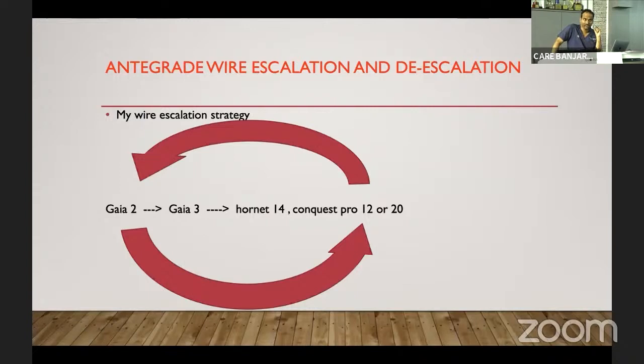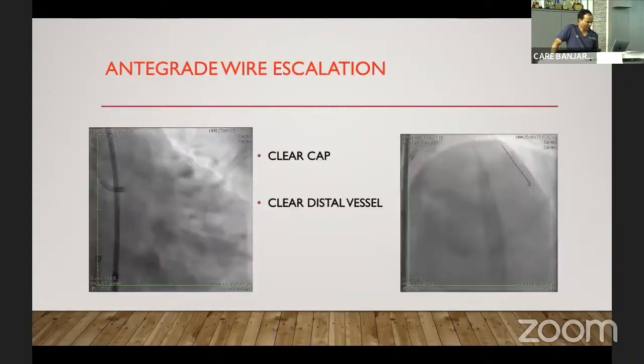Even if there is a small angulation, it is highly likely that these wires will end up in a subintimal plane or even an extravascular plane. So where your Gaia 2 is stuck, make a hole, pull out that wire, and again go back with Gaia and continue your subsequent exploration of the CTO. That's a principle which we have to use in escalation, de-escalation strategy.